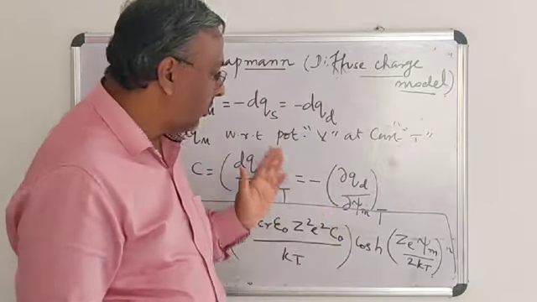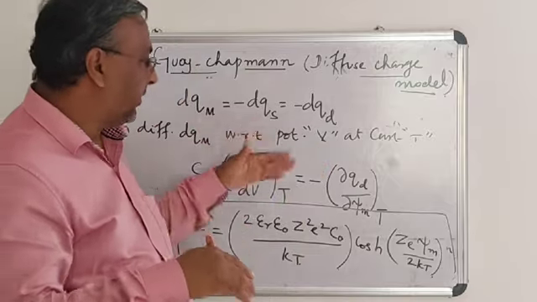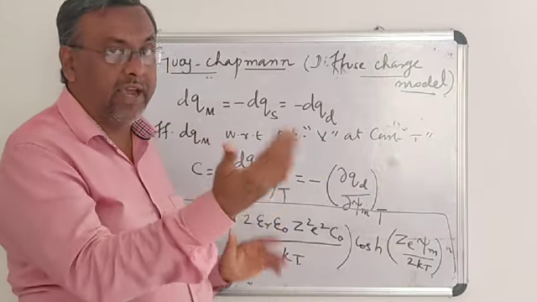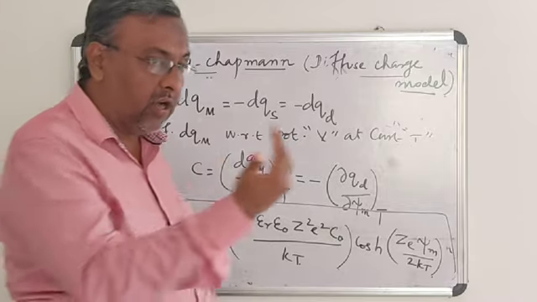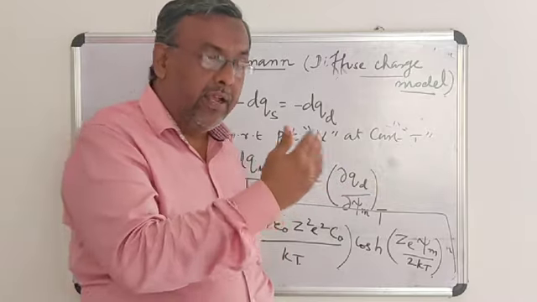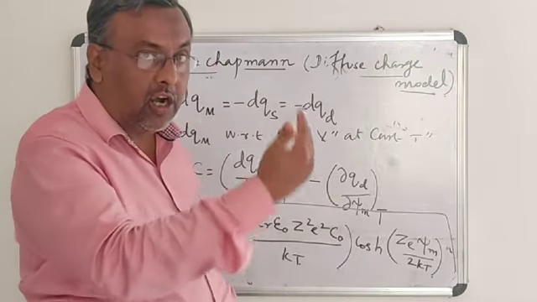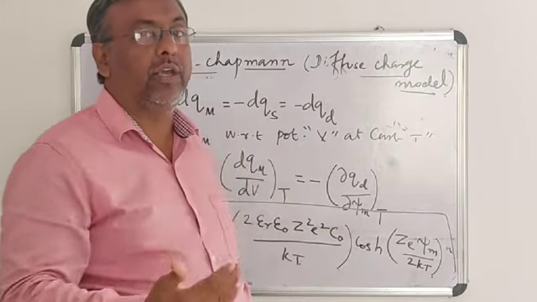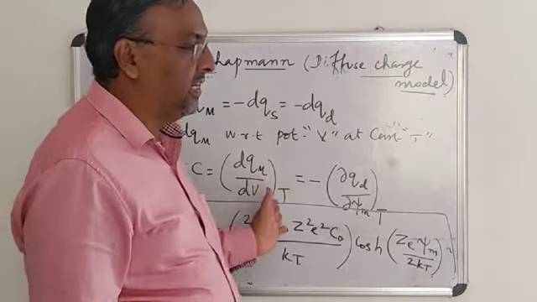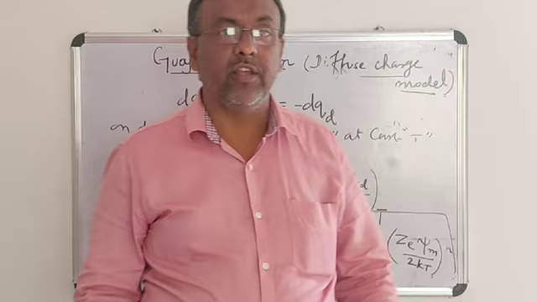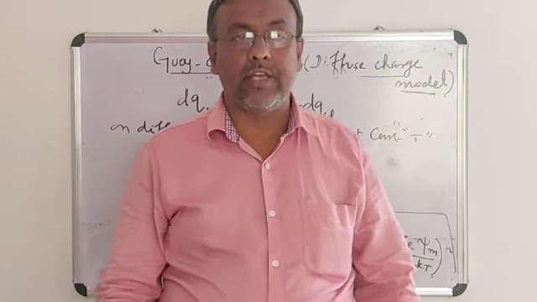You have to draw the electrical double layer structure of Gouy-Chapman and how potential varies as the distance of ions in the diffused layer increases from the metal electrode, how the charge density varies, and how he calculates the differential capacity of the electrified interface. This is so much about Gouy-Chapman theory.